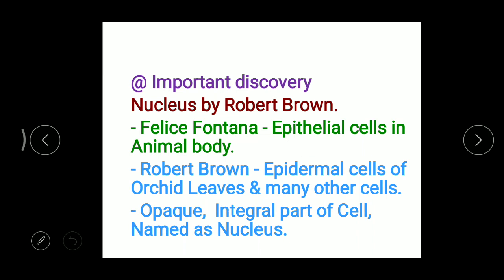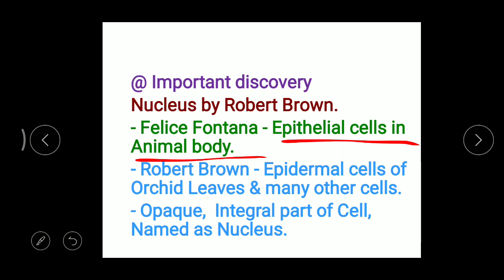Now come to the next topic, that is the nucleus. For the first time, the nucleus was observed by a scientist by name Felix Fontana, and he observed the nucleus in epithelial cells in the animal body.